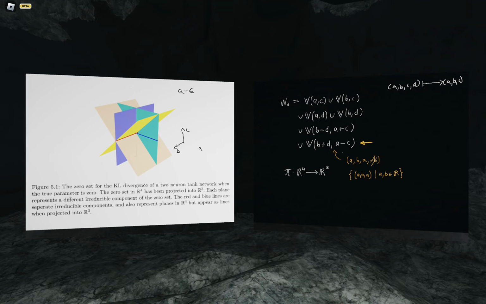What other colors can we get? So A equals 0 and C equals 0 gives us the red line, right? B equals 0 and C equals 0 gives us the blue line.